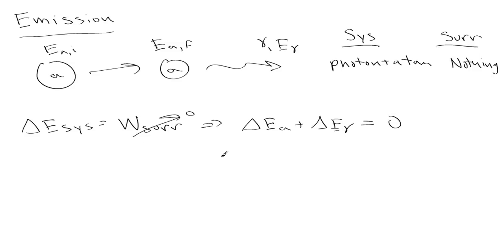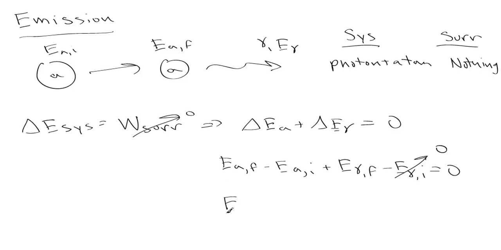And in this case, we have E atom final minus E atom initial plus E gamma final minus E gamma initial is zero, and this time there was no initial photon, and hence the final energy of the atom is equal to the initial energy of the atom minus the energy of the photon, which in this case is less than the initial energy of the atom.